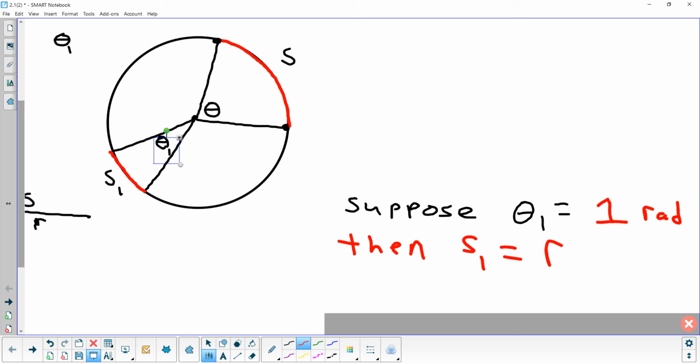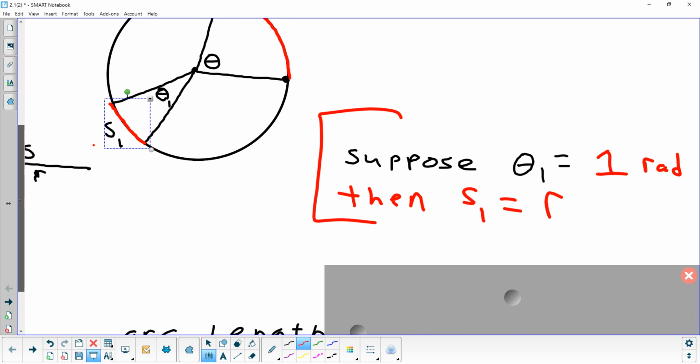It has to be. It's like saying 12 inches has to be 1 foot. Just it has to be. That's the definition. All right? So here's a fact that we can use to start this off. If that angle is 1 radian, I guarantee you that that arc length will be equal to the radius. It has to be.